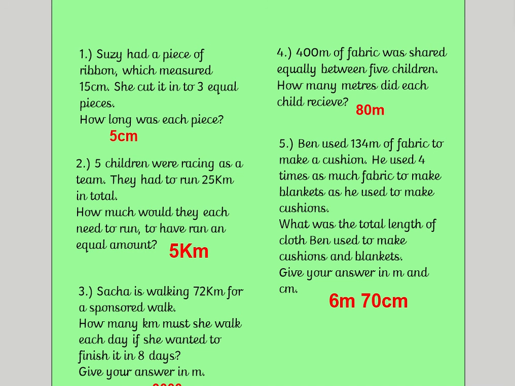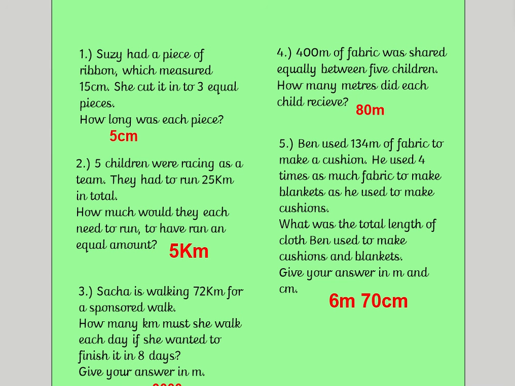So Susie had a piece of ribbon which measured 15 centimetres, and she cut it into 3 equal pieces. How long was each piece? So you can see that each piece was 5 centimetres. So well done if you realised you needed to do 15 divided by 3. The second question, 5 children were racing as a team and they had to run 25 kilometres in total.